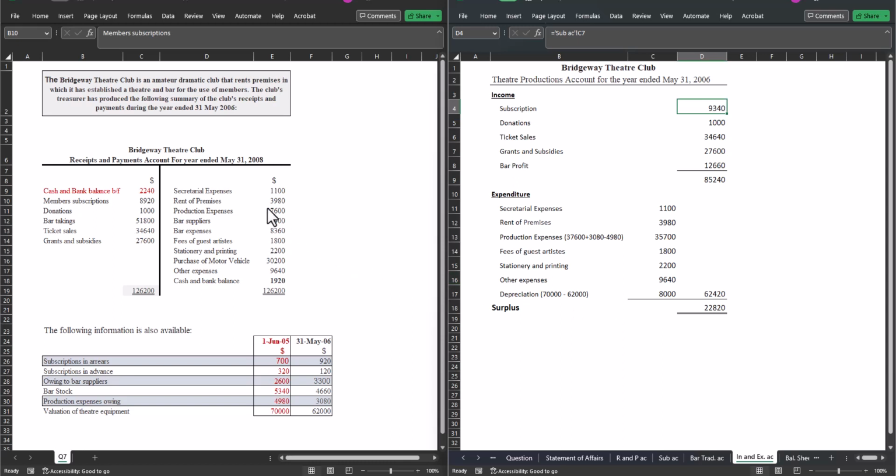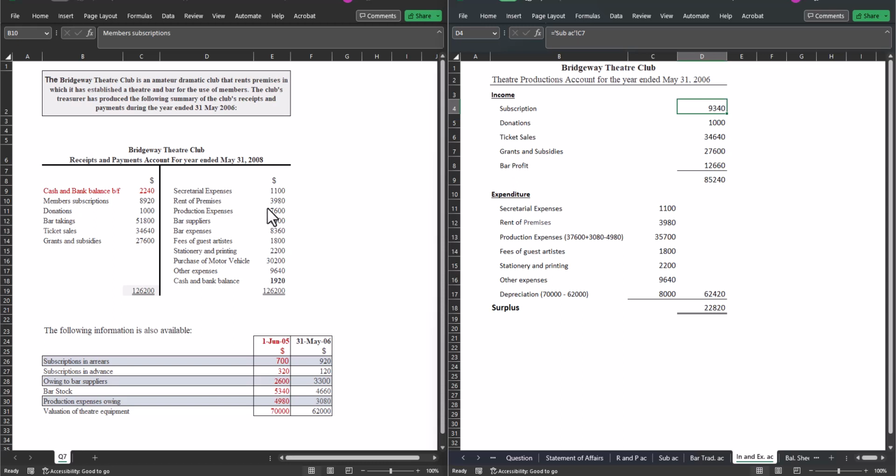You can have capital expenditure, that's where you acquire new fixed assets or you add to their value, or you have the monies spent on revenue expenditure, what we normally call expenses. For the purpose of the receipts and payment account, we're interested in revenue expenditure or expenses.